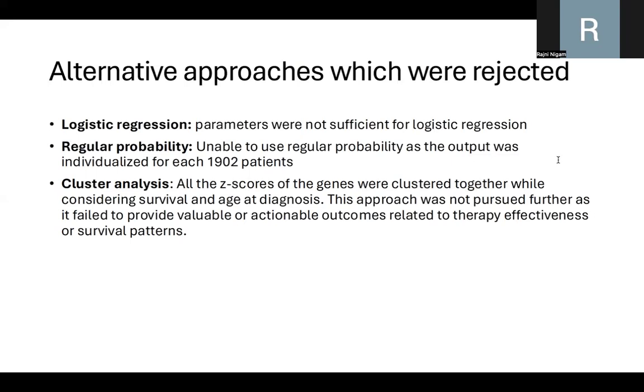I also had to reject the use of cluster analysis for gene expression data as all the data points were clustered together when I factored in additional parameters like overall survival and age at diagnosis. I did not have sufficient parameters to be able to conduct logistic regression analyses. Therefore, this approach would have also failed to provide any actionable outcomes related to therapy efficacy or pattern in overall survival in relation to gene expression.